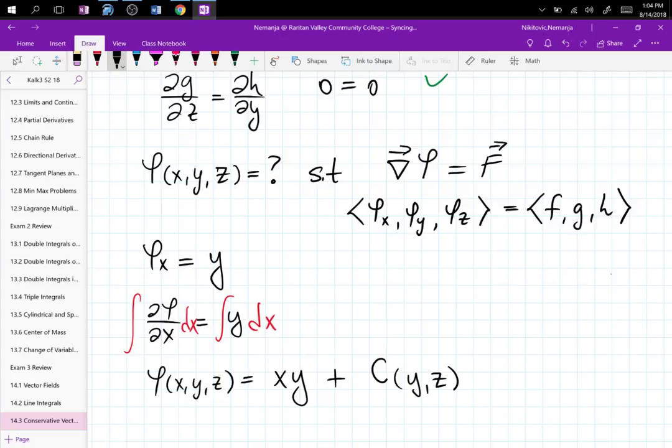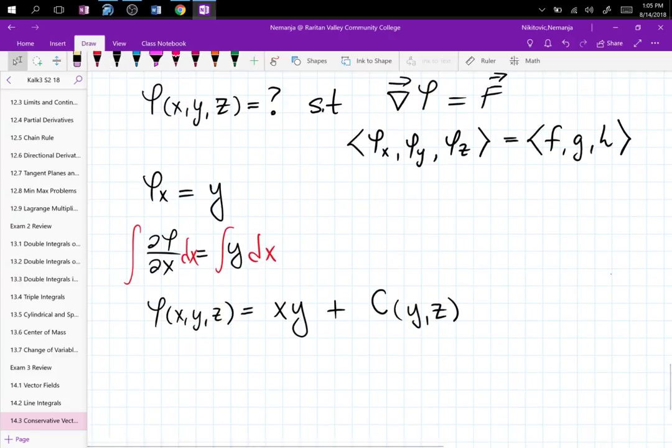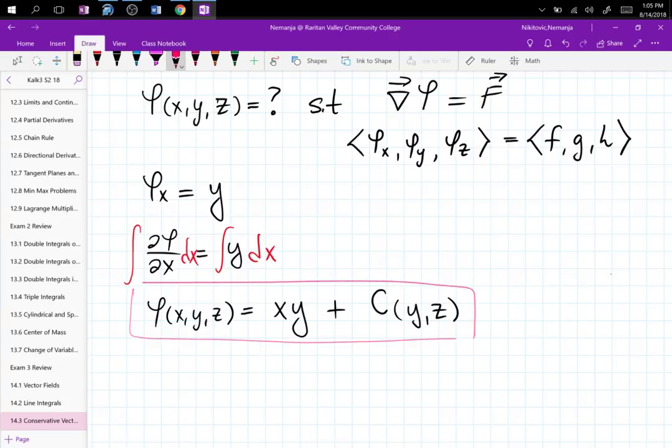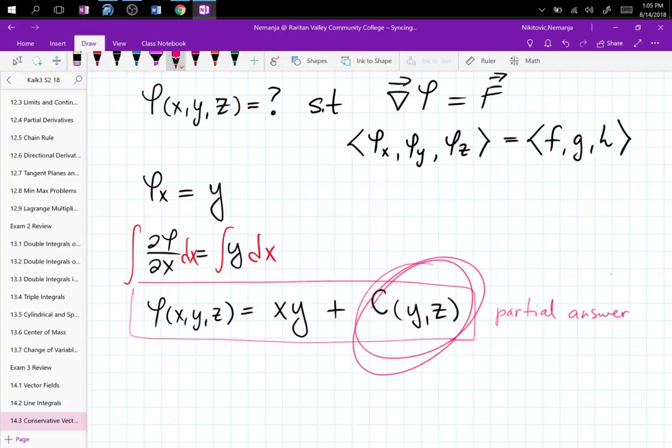Therefore, y and z are both constants, and that's why we have a constant function of y and z. Now, this is already a partial answer. We go on to calculate what we don't know.